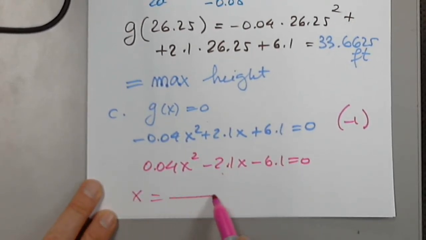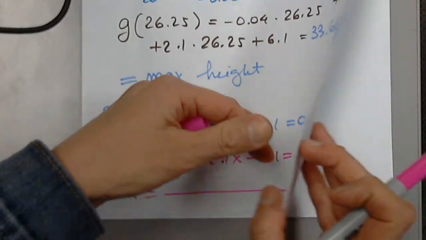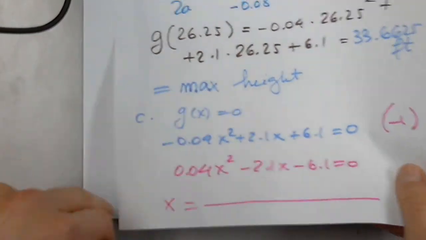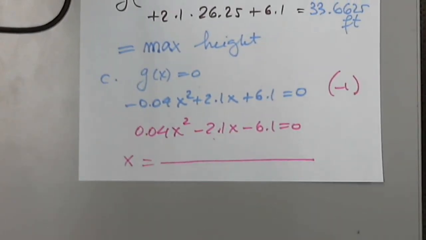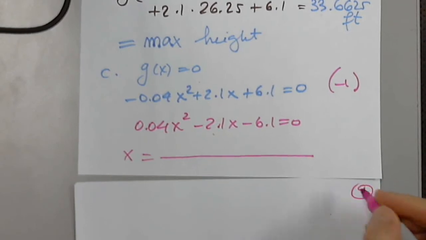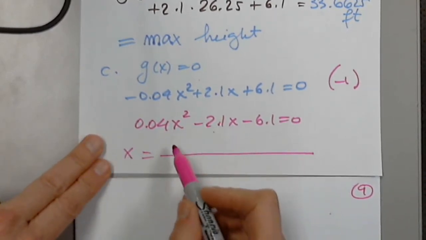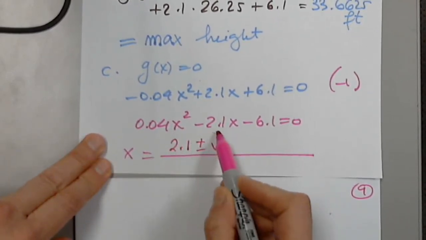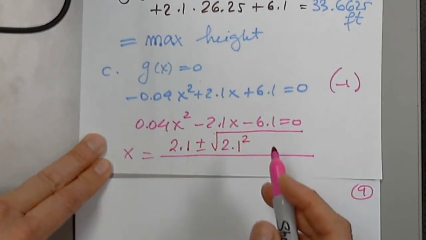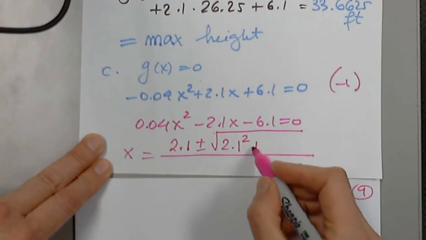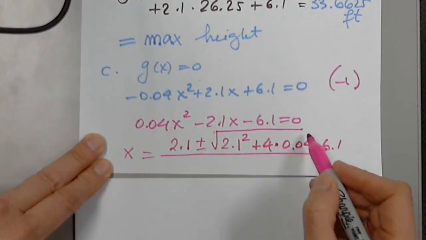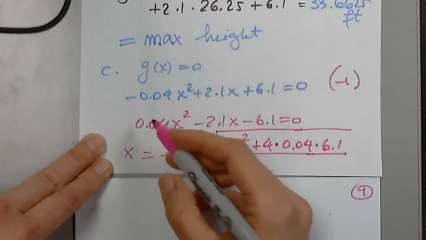And then x equals, I have to write the quadratic formula. Negative b plus or minus the square root of 2.1 squared minus 4ac, but there are two negatives in there, so plus 4 times 0.04 times 6.1, over 2 times a.